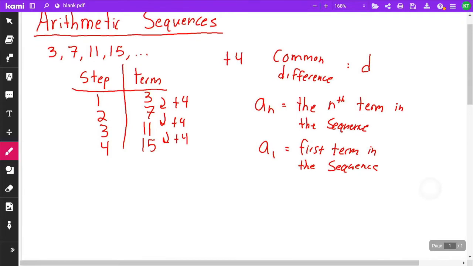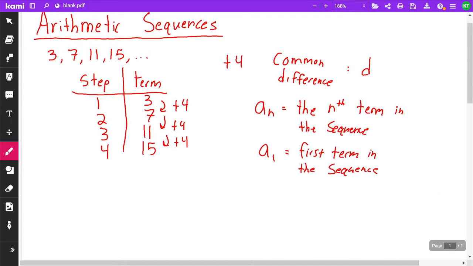Now, there are two types of equations which we write using arithmetic, and that is going to be our recursive and our explicit. So our recursive, that is useful for telling us the next term.